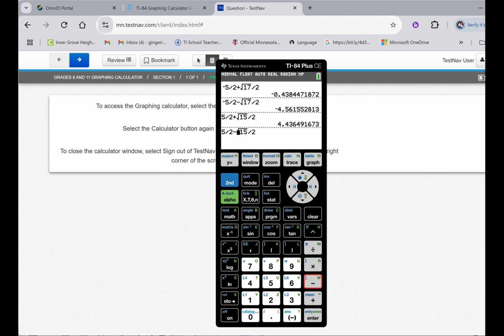And then to get all the way back to the other end, if I go second and press the right arrow, that takes me all the way to the end, and I can press enter and get my answer. 0.563083269. So that 3 that's in the third decimal place tells me leave the 6 alone. We get 0.56.